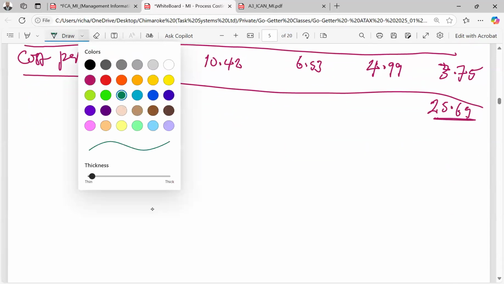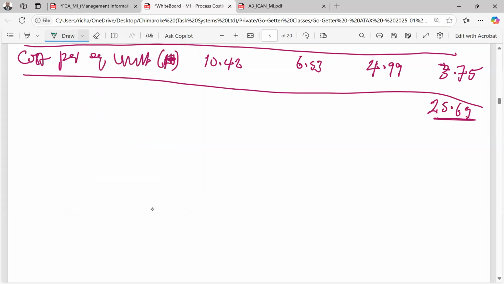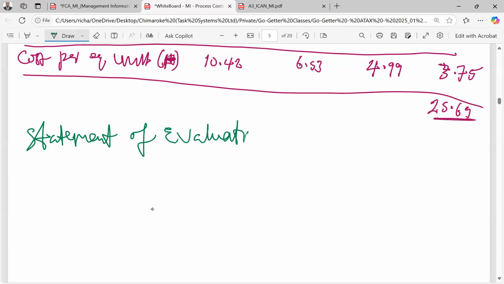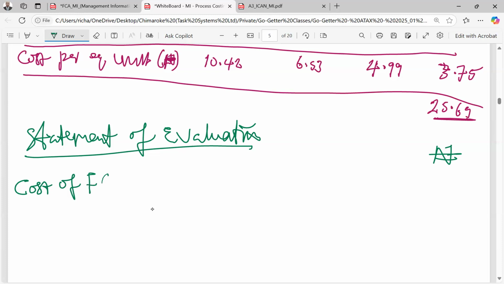So the statement of evaluation is next. How do we do a statement of evaluation? We put our Naira sign here. We'll start with the cost of finished goods transferred.